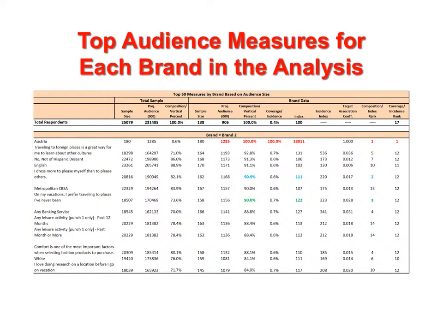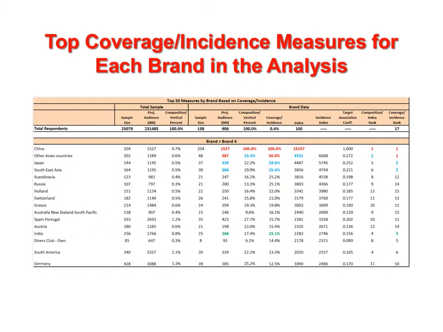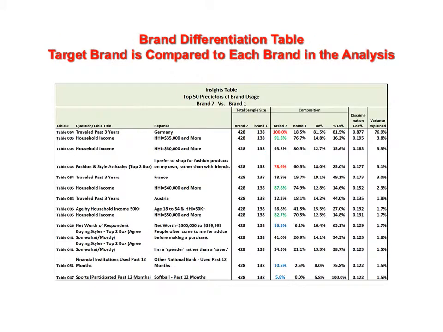For example, there is a table which shows the top audience measures by brand, a table that shows you the top composition measures by brand, a table that shows you the top coverage incidence measures by brand, and 6 additional tables for the other media metrics I just mentioned.